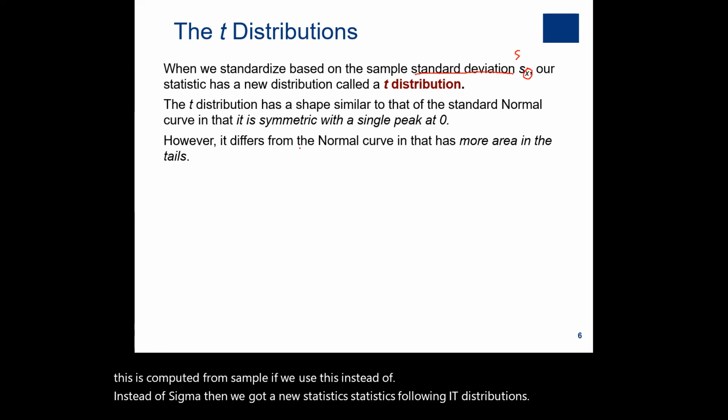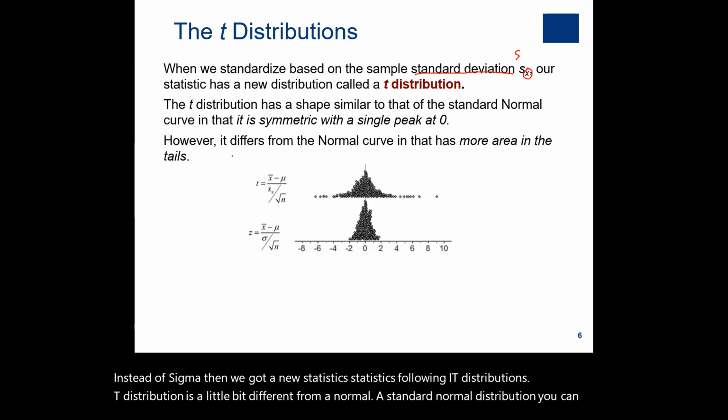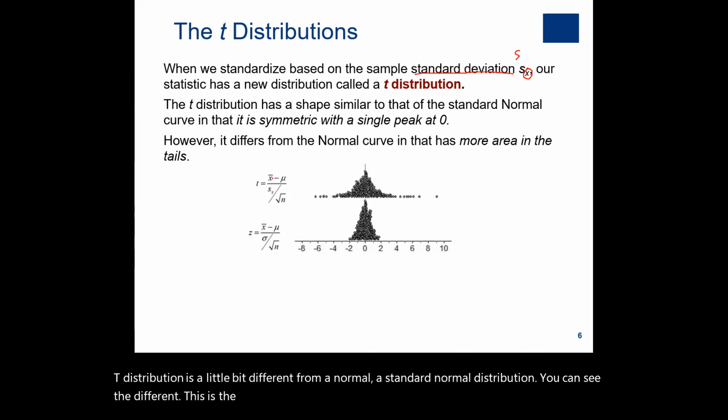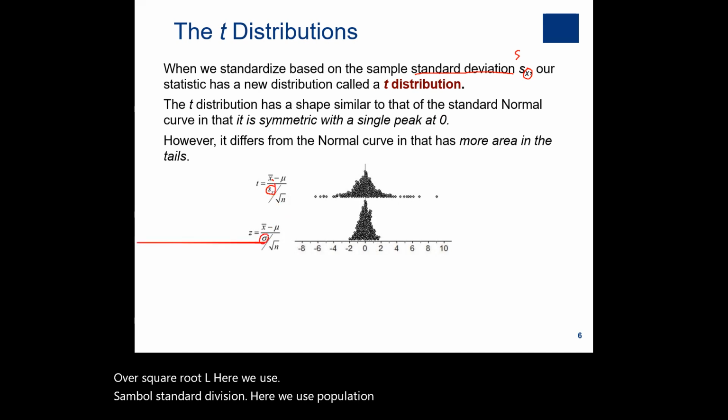The t distribution is a little bit different from a standard normal distribution. We can see the difference. This is a function T equals x bar minus mu over S over square root n. Here we use the sample standard deviation. For Z we use the population standard deviation, which was known.